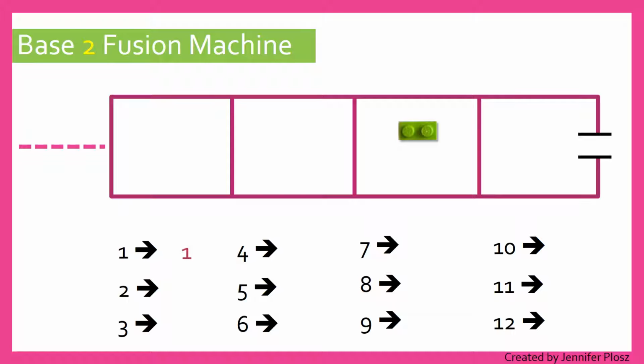Well, let's call that coming together that you described as if they fused together, because this is a fusion machine. So we're going to say it fuses together and then went to the next compartment.